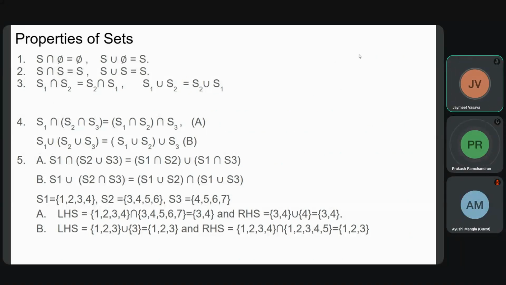Then the fourth, which is the associative law. Let's see the intersection, the fourth point 1, with the help of an image.